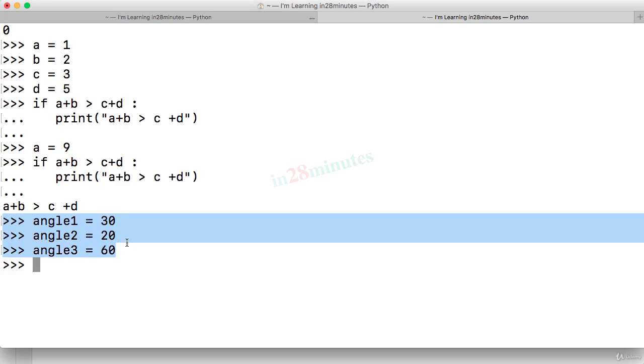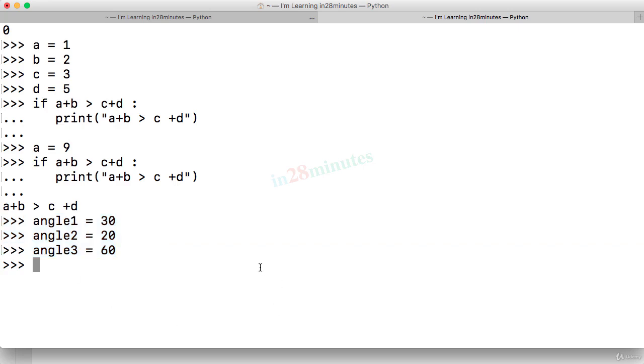The hint is it's a valid triangle if the sum of the angles is 180 degrees. So you can write a condition to check if these three can form a valid triangle. If they do, print "valid triangle". You can pause the video here and give it a try.